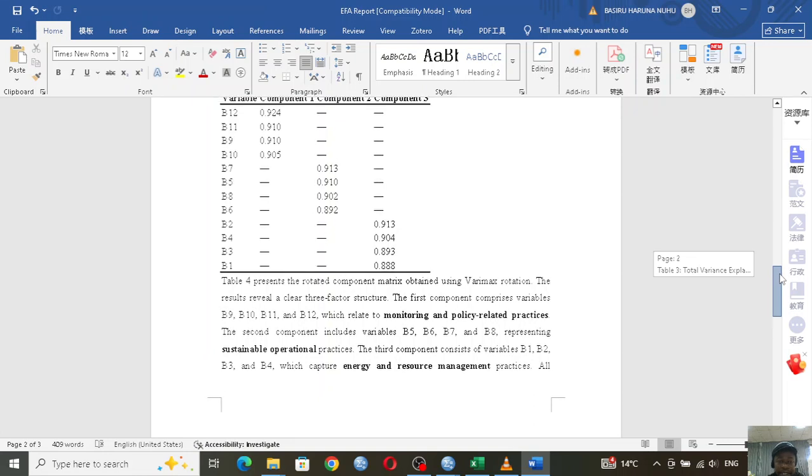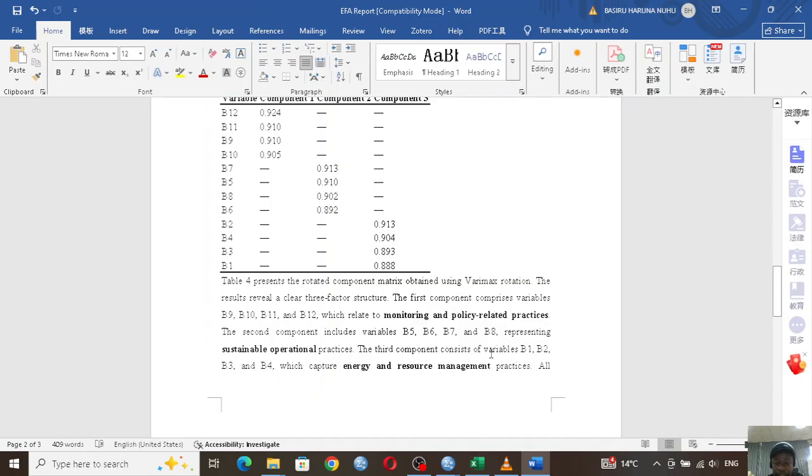Table 4 represents the rotated component matrix obtained using Varimax rotation. The results reveal a clear three-factor structure. The first component comprises variables B9, B10, B11, and B12, which are related to monitoring and policy-related practices. The second component includes variables B5, B6, B7, and B8, representing sustainable operational practices.